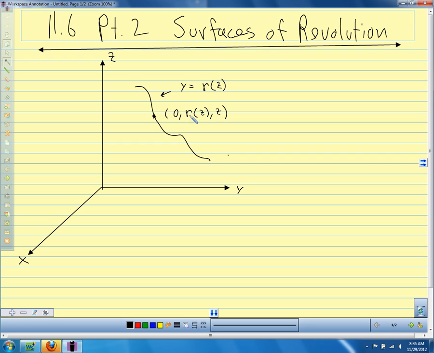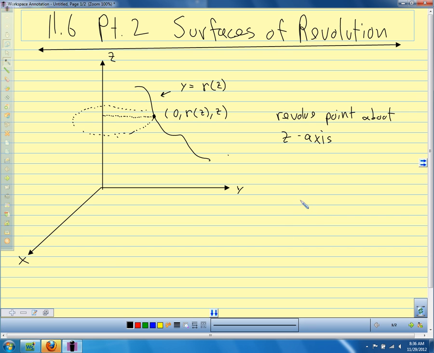If we revolve this point about the z-axis, when we revolve that point, it's going to give us a circle. As this point travels around the z-axis, it travels in this circle.